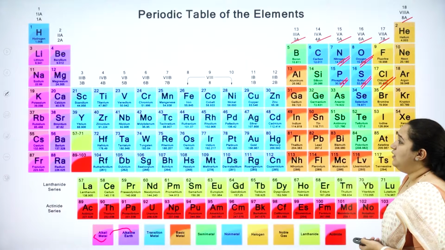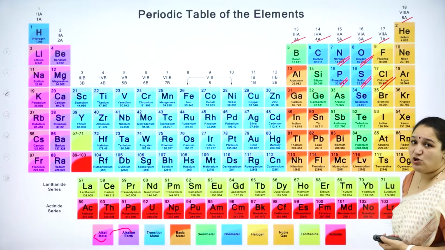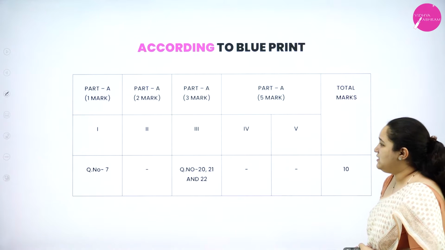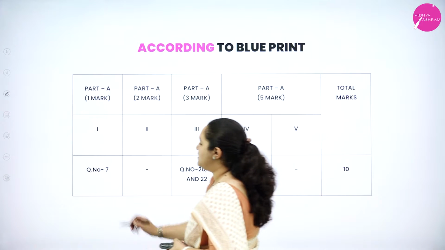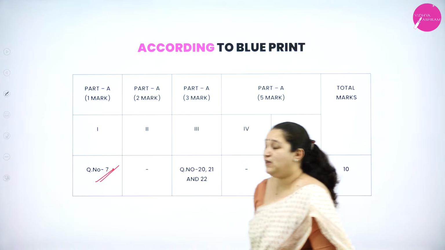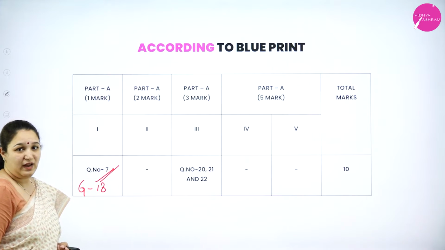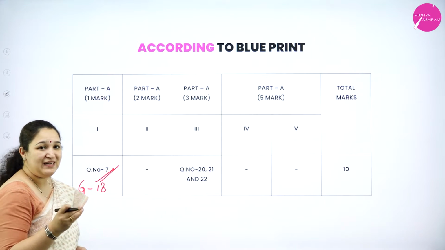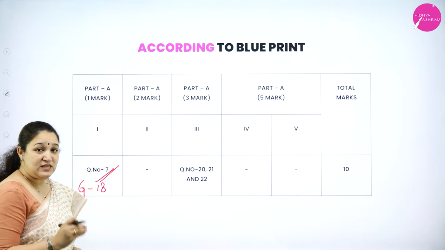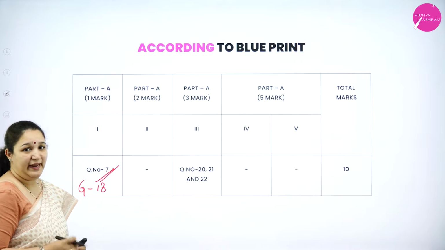Okay. Now, coming to the exam point of view, what exactly is the weightage of this chapter? If you see, you have just one mark question, that is usually from group 18. I told you from group 18 you have very little syllabus, isn't it? That's why usually a 1 mark question is asked from group 18.